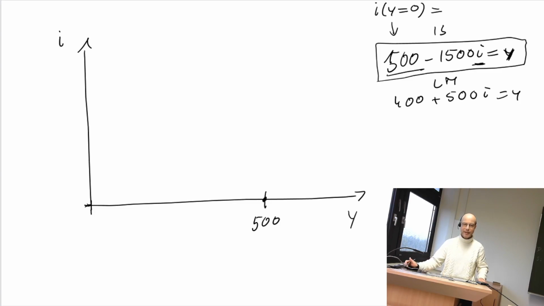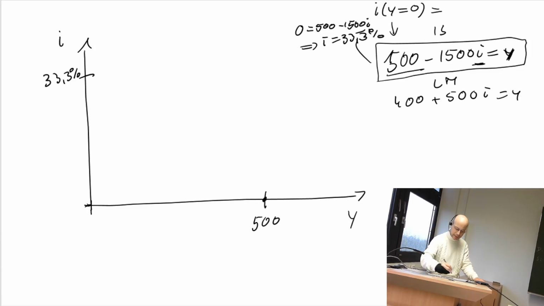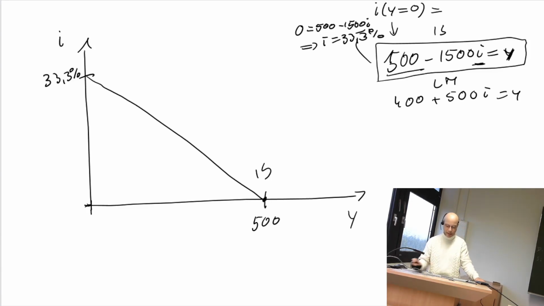Solve for i. Yes, this is totally right. So 0 is 500 minus 1500i, and then of course i is 32.3%. And since we know that this is a linear line, we know that this is our IS curve.